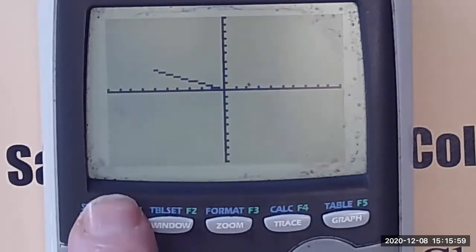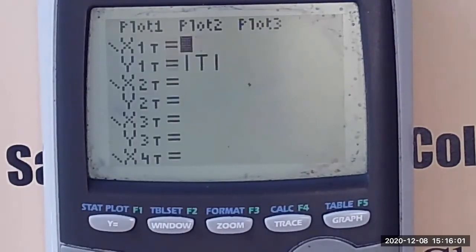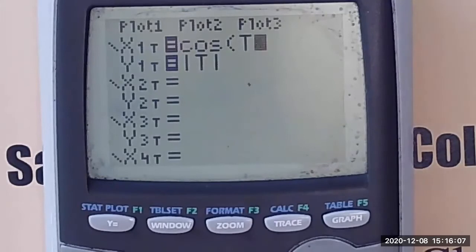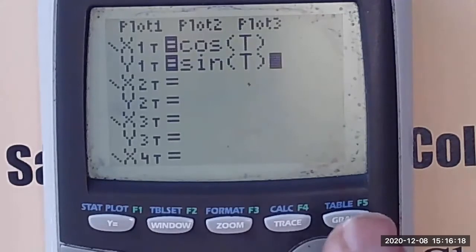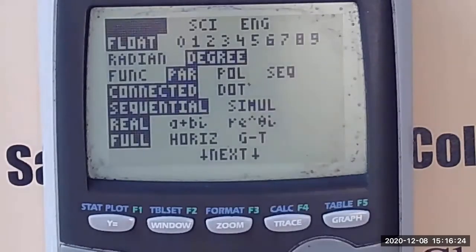I go y equals, clear that out. Cosine, x is always cosine t, and y is sine t, and then t is an angle, so I have to go and look at my mode. My mode is in degree, that's fine.